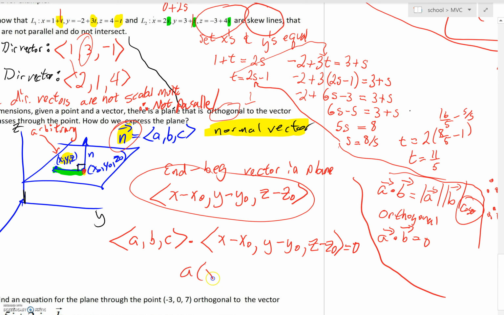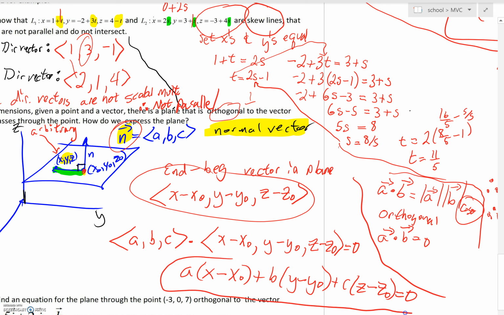We've got a times x minus x naught right here, plus b times y minus y naught, plus c times z minus z naught is equal to 0. And guys, this right here is the equation of a plane in space. So it works out rather nicely and quickly.